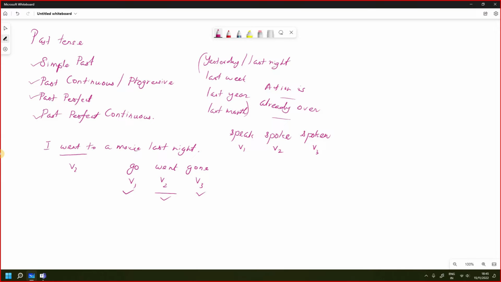Now see, when I look at this sentence, I understand that I'm talking about something that happened last night. So this is the clue. So when you have something called last night, last year, last week, or yesterday, day before, something like that, then that means we are not talking about any present action.